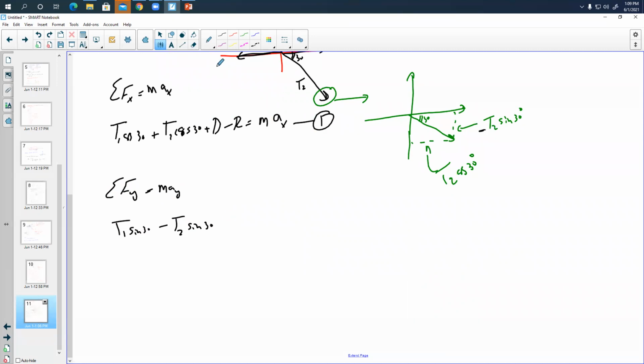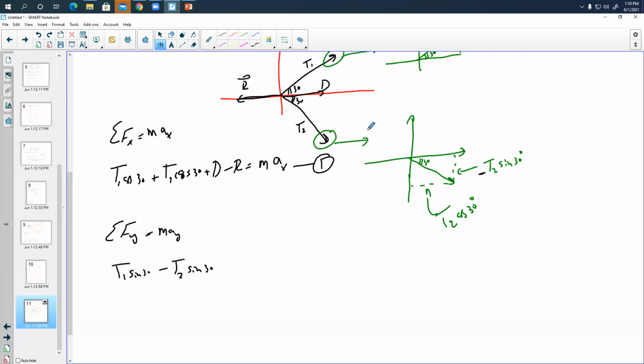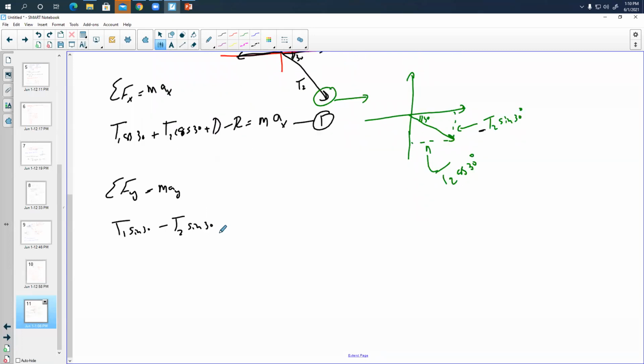Your D and your R are only in the x direction, so you can ignore those. That's going to equal 0. And the reason for it, because you're only accelerating in the x direction, you're not accelerating in the y direction when you're on the water. So we can call this equation 2.